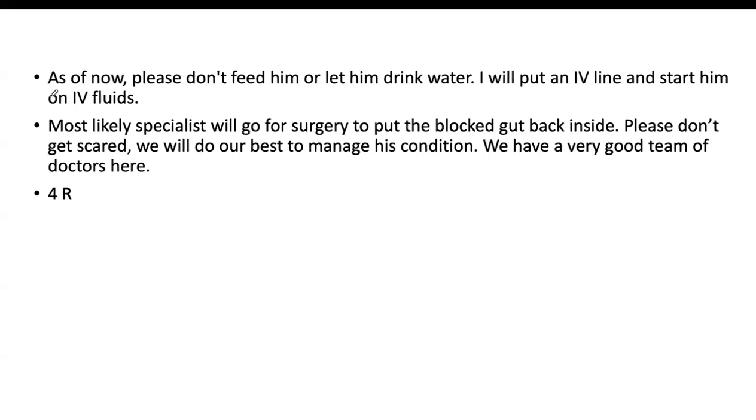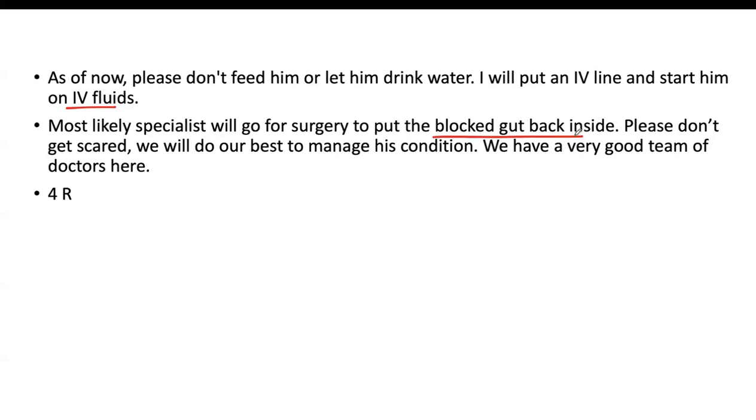We'll put in an IV line and start him on IV fluid. Most likely, he will need a surgery to put this blocked gut back inside. And then they might also want to put a mesh so that the weak abdominal wall, the defect, can be closed and can be strong again.